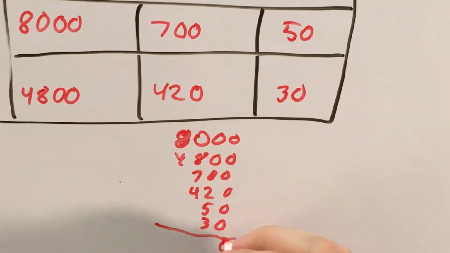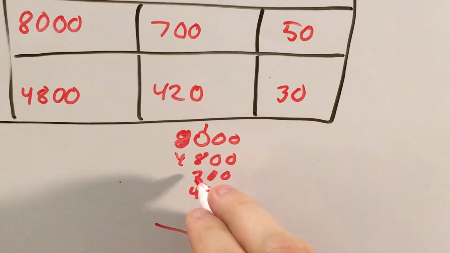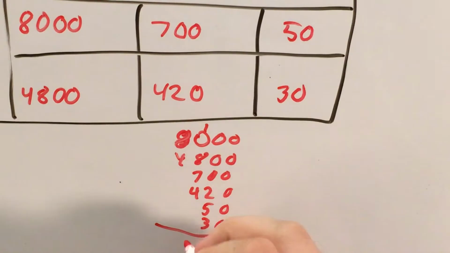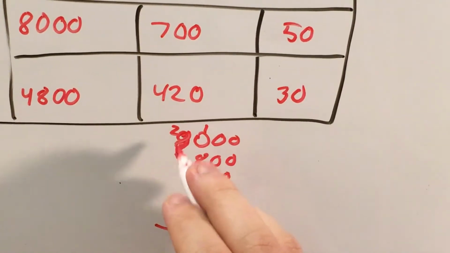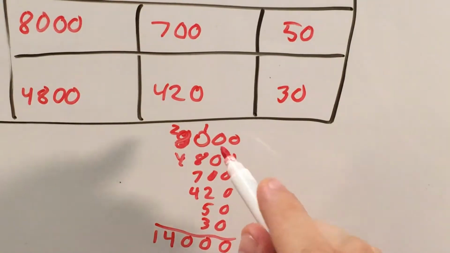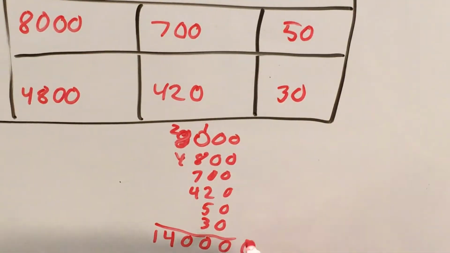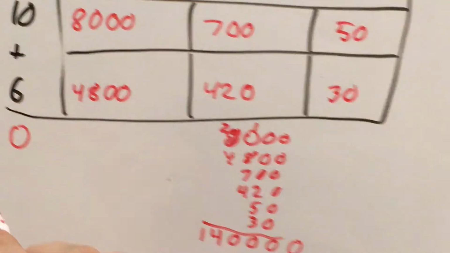I have only zeros in the ones place. 2 plus 5 plus 3 in the tens place gives me 10 tens, also known as 0 tens and 100. 100 plus 800s plus 700s plus 400s gives me 20 hundreds, also known as 0 hundreds and 2,000s. 2,000s plus 8,000s plus 4,000s gives me 14,000s. Once again, I remember to put my 0 on the end of that, because my original number was 160.